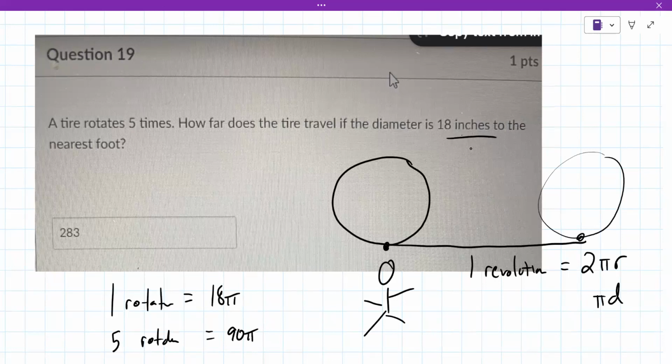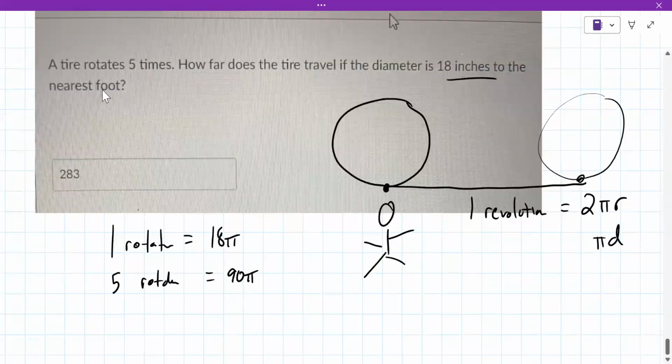Notice they're so crafty here. The diameter is in inches, so your rotations are in inches. We want it to the nearest foot. We know that there are 12 inches in 1 foot, so you have to divide your answer by 12.